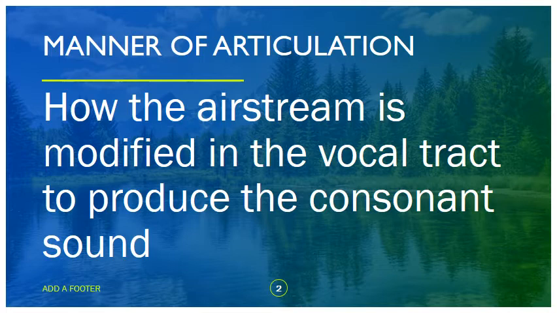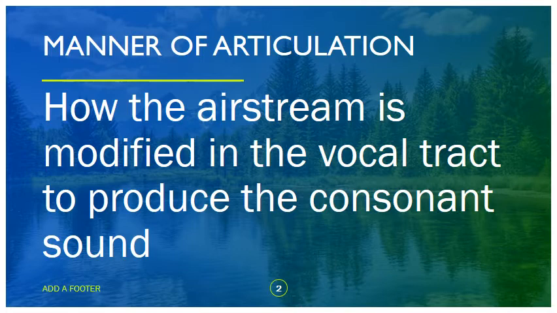So, what is manners of articulation? Manners of articulation is how the airstream is modified in the vocal tract to produce the sounds of consonants. The airstream is the air that is blown out from the lungs to the windpipe, to the trachea, goes to the larynx, goes to the vocal cord, and goes to the vocal tract.